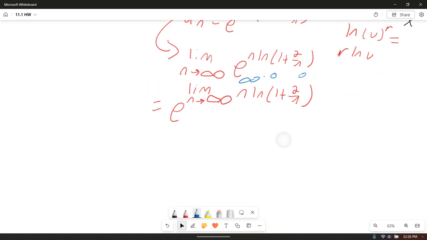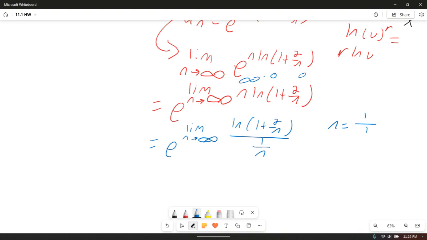So we could say that this is e to the limit as n approaches infinity of ln of (1 plus 2 over n) divided by 1 over n.